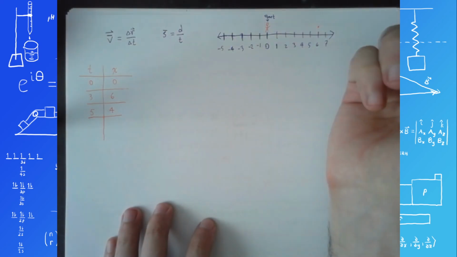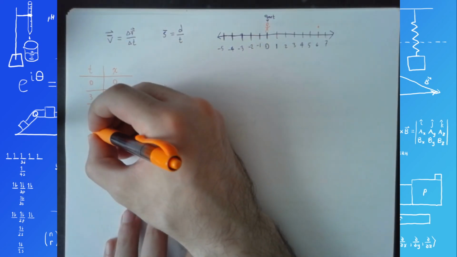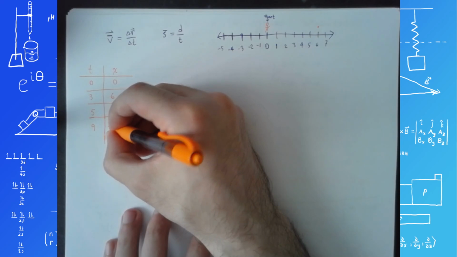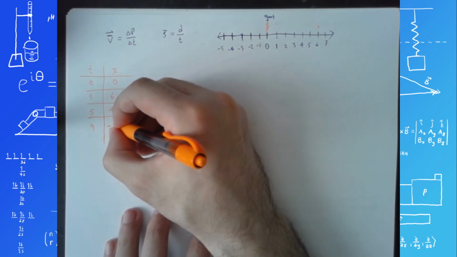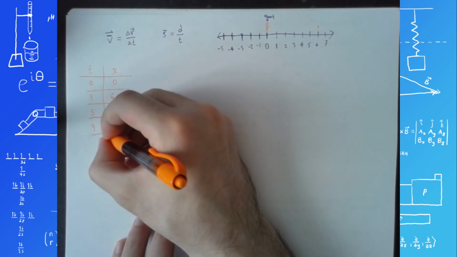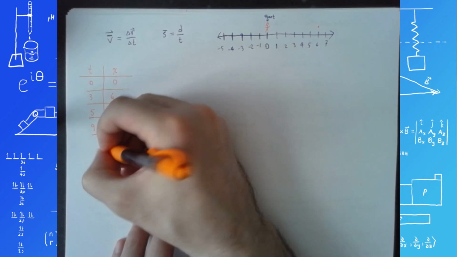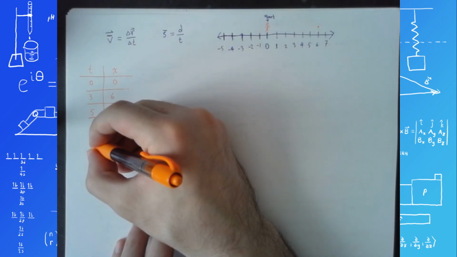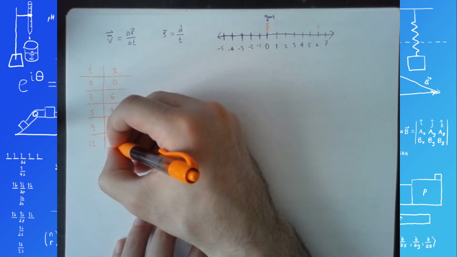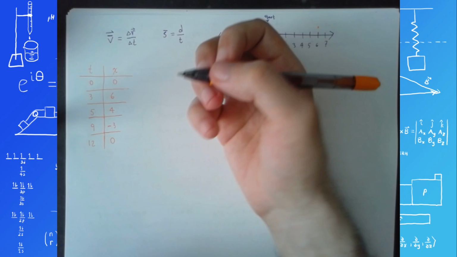And then let's say at time 9 seconds in, we find them at location -3. And then at time 12 seconds, we find them back at position 0.